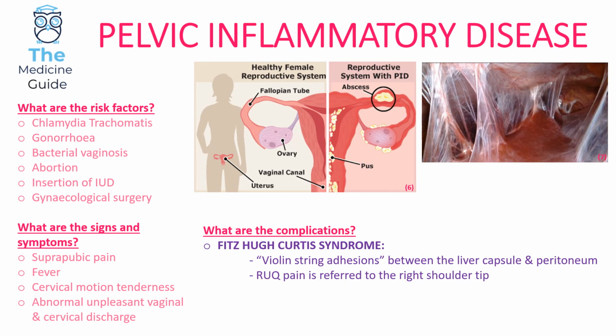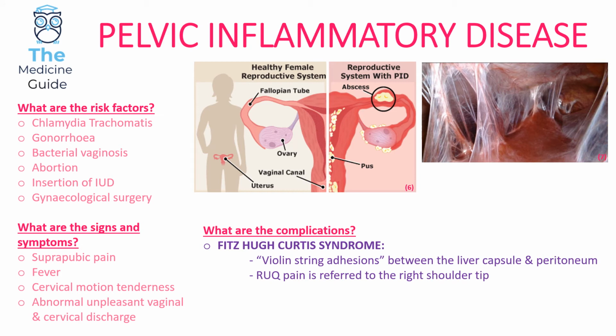Whenever there's any sort of SBA where a woman is suffering from right upper quadrant pain referring to the right shoulder tip, and she has a current infection with chlamydia, gonorrhea, or she's recently had a copper coil insertion, then you need to consider Fitzhugh-Curtis syndrome, because that's what the SBA is hinting at and suggesting.